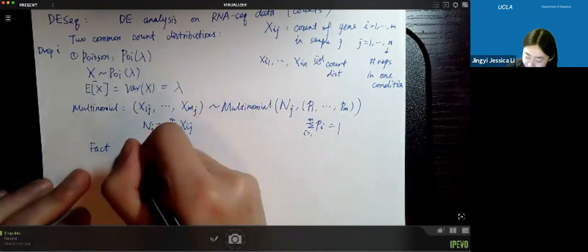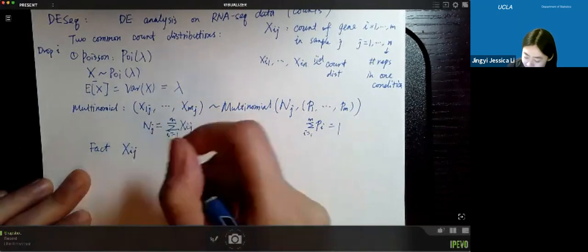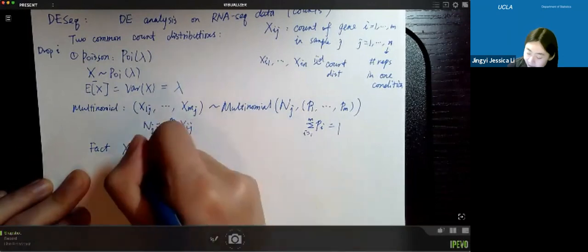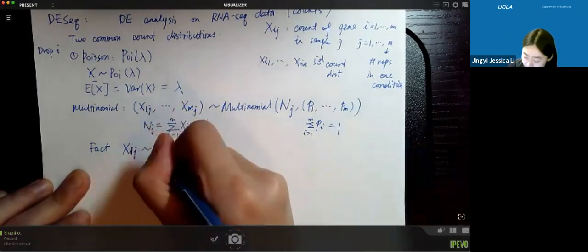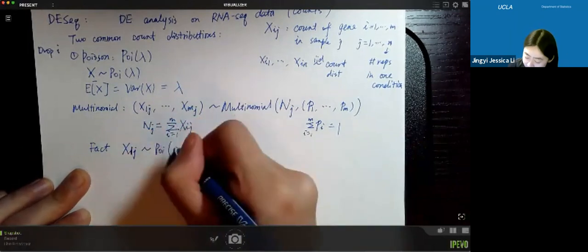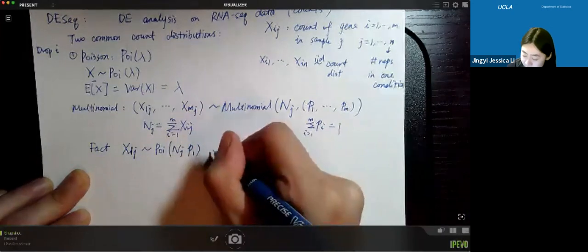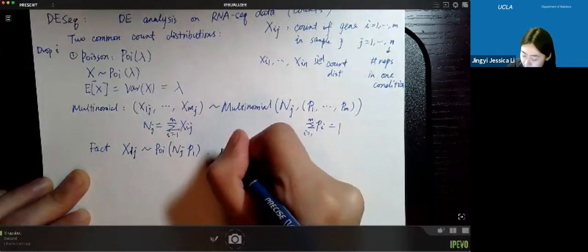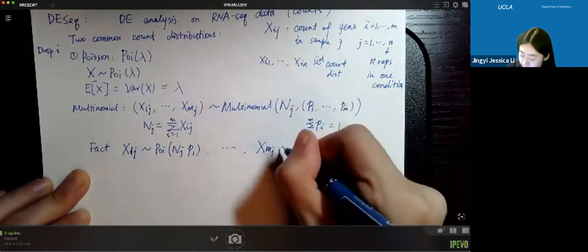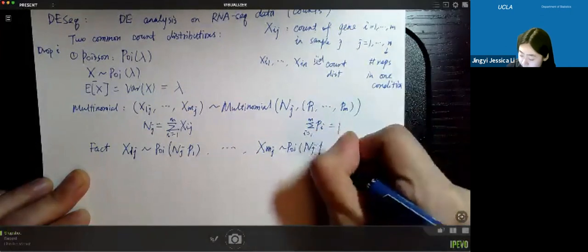So we can write that x1j is approximately Poisson with parameter lambda equal to nj times p1, and this one is independent of every other gene. I can write xnj as Poisson with parameter nj pn.